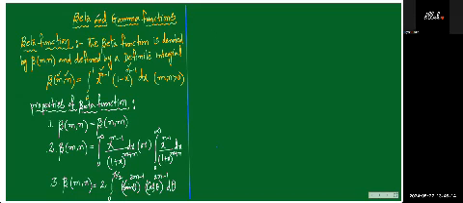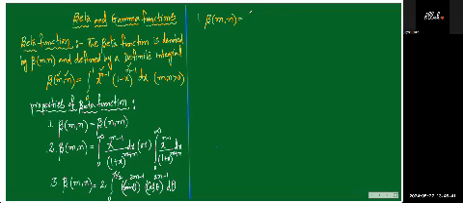Understood? Yes, sir. So shall we start the proof of the first one? We have to prove that beta of m comma n is equal to beta of n comma m. This is called the symmetric property of beta function. The first property I want to prove.